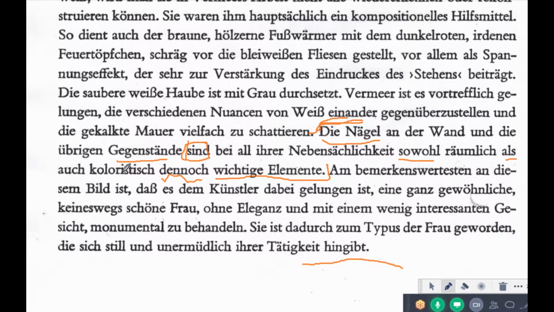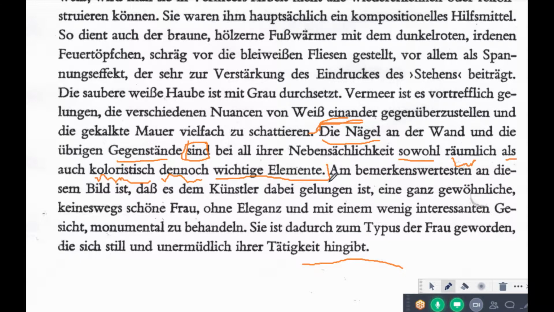They are spatially, adverb, as well as koloristisch, so in a perspective of color, nonetheless important elements. So these seemingly inconsequential elements in the painting play a much different kind of role than you would expect at first take. Okay, going on.